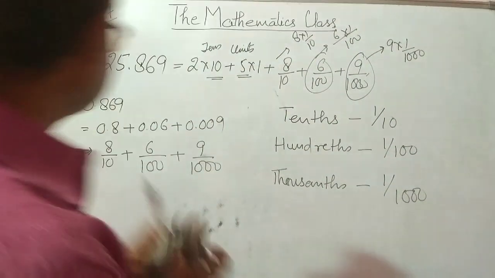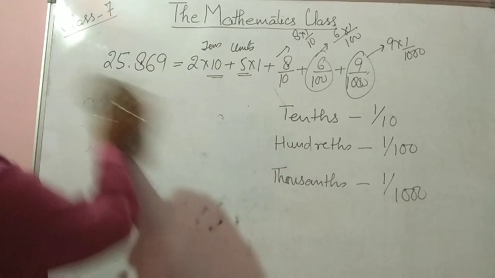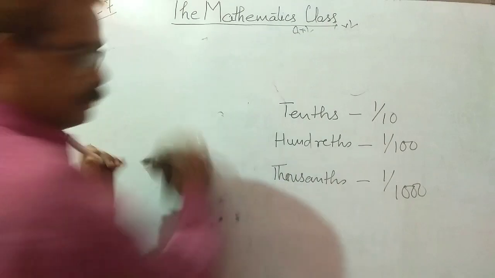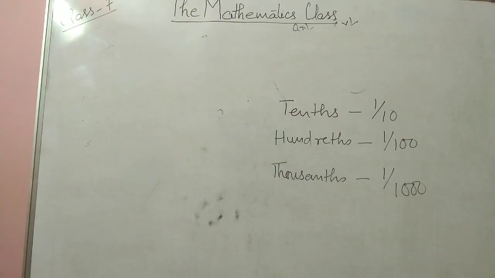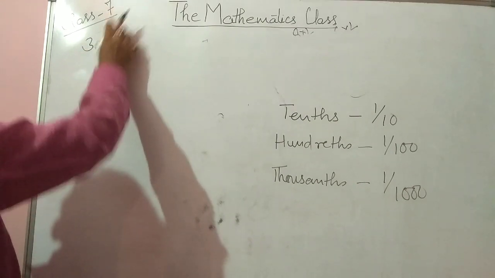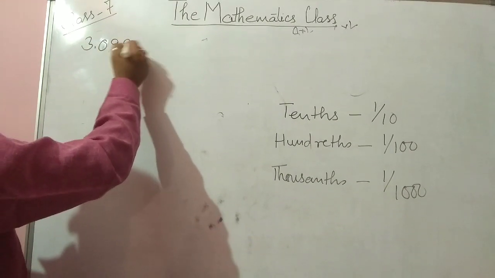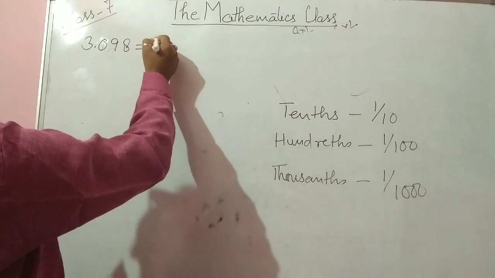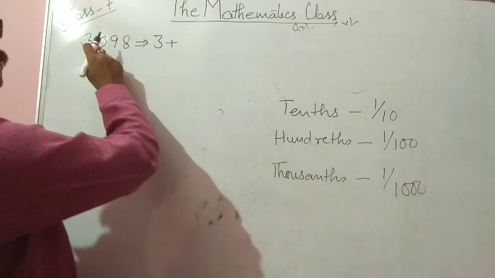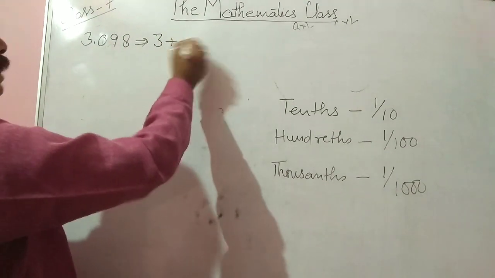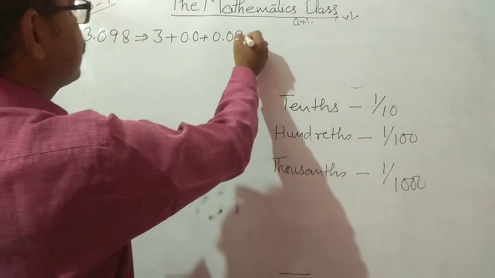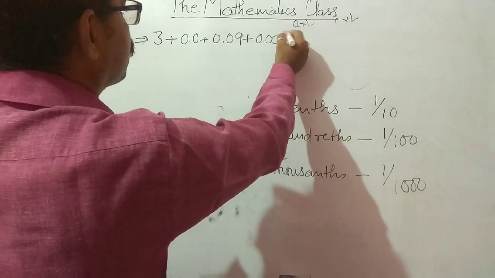Let's say that the number is 3.094. It can be written as 3 into 1, or simply 3, plus 0.0 plus 0.09 plus 0.008.